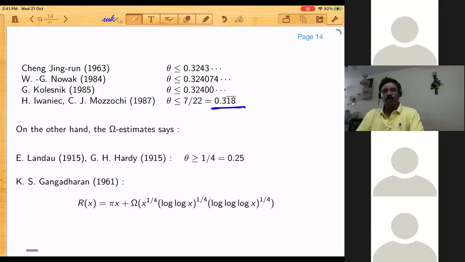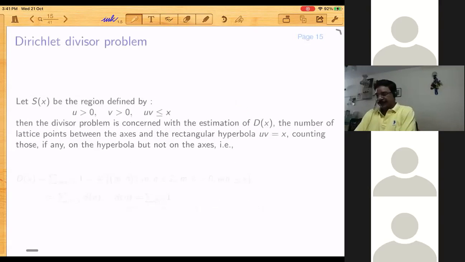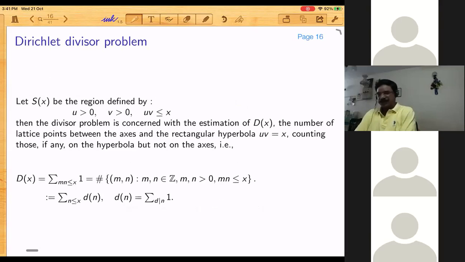Now let's look at the divisor problem. This counts the number of lattice points inside a hyperbola uv less than or equal to x. So we want all integer points u and v bigger than 0.